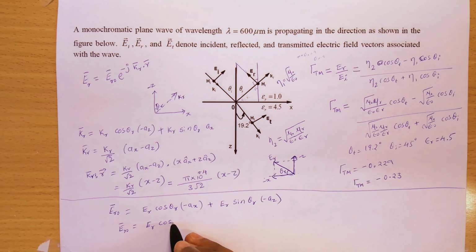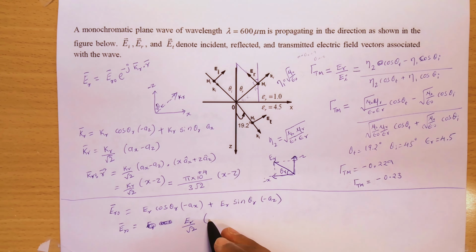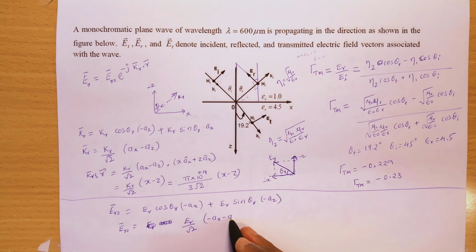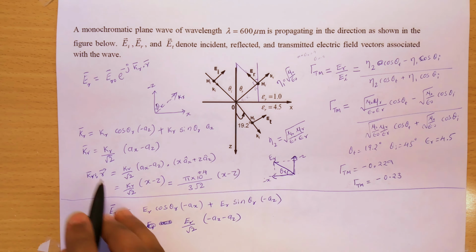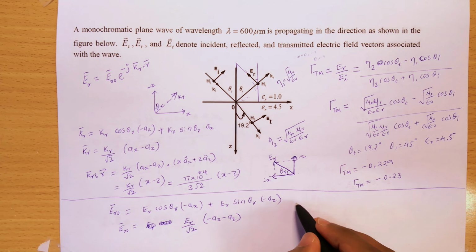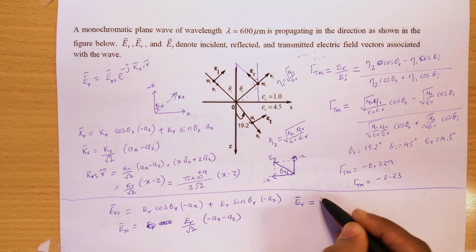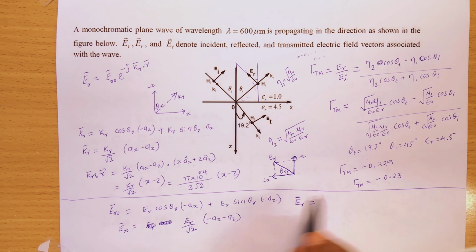Let's just solve it. So er by root 2 minus ax minus az. This is the expression for er naught cap, and then we will write down the final expression for er.